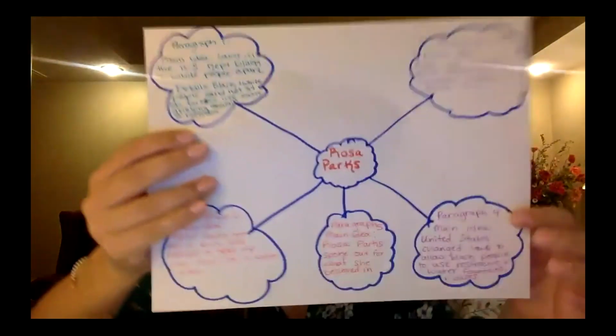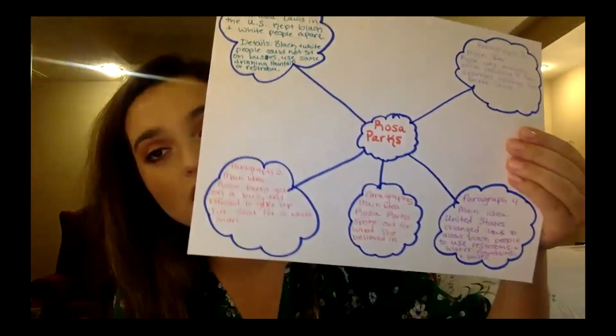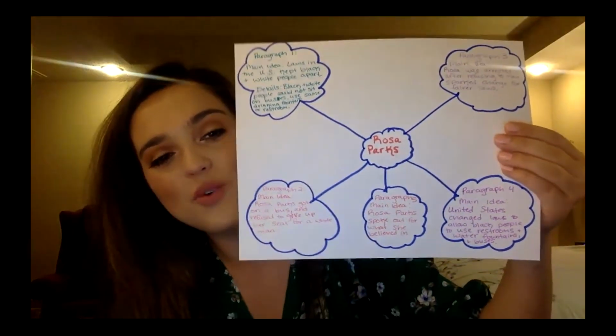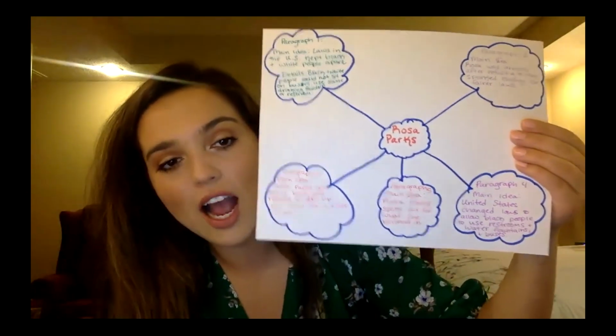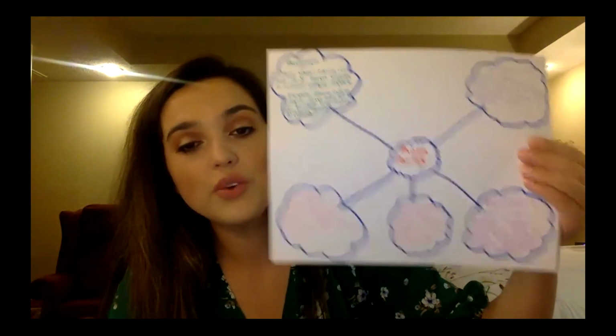All right. So this is what your chart should look like. Something like this. If you guys took more notes, less notes, that is fine, as long as you have those main ideas in there. So that is all there.